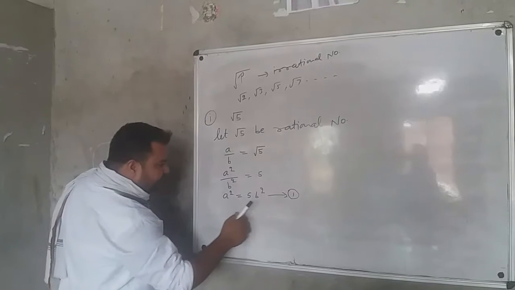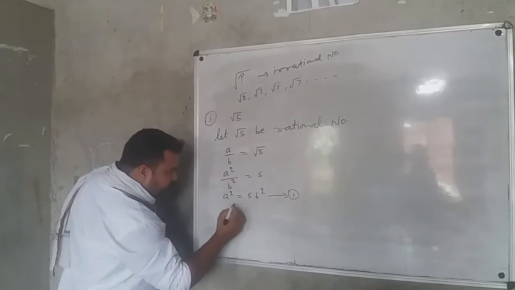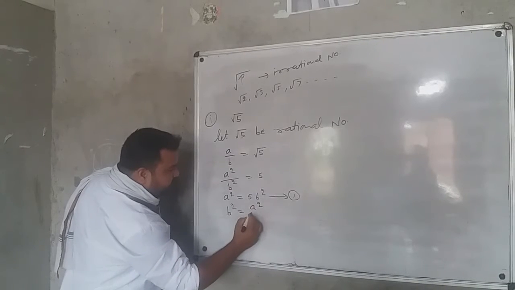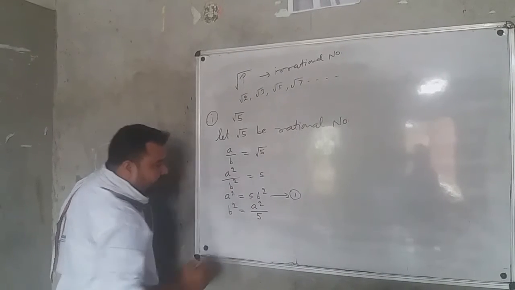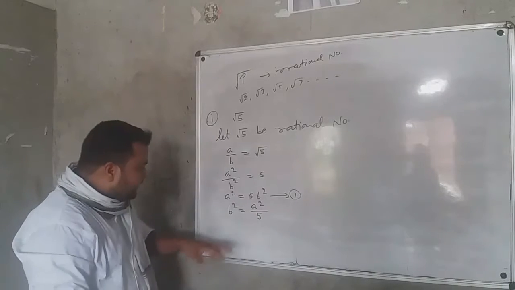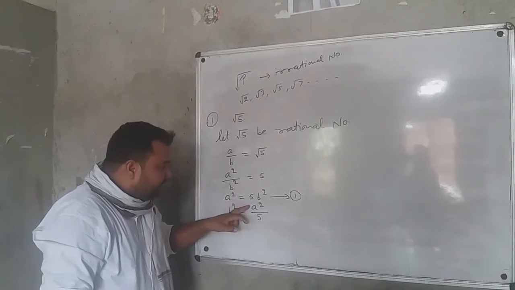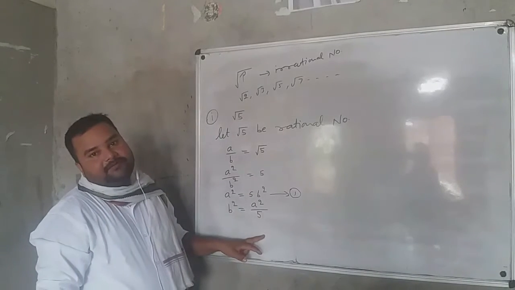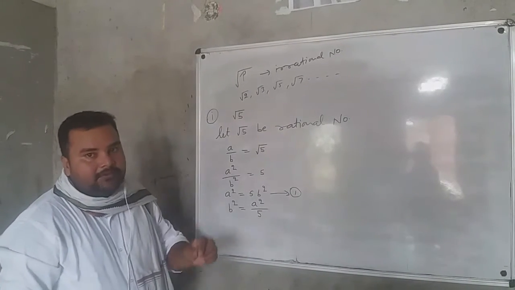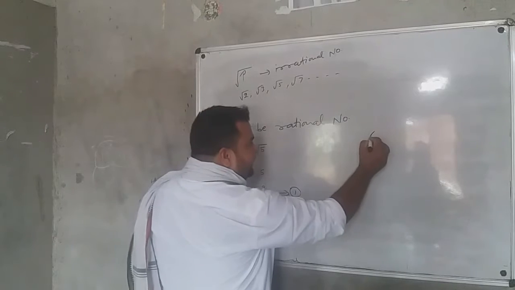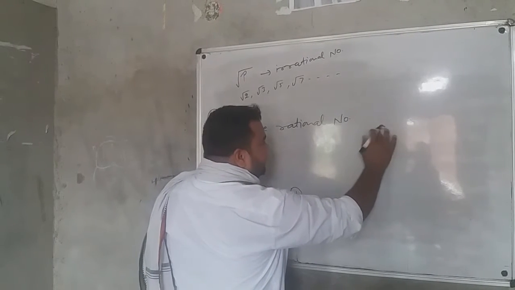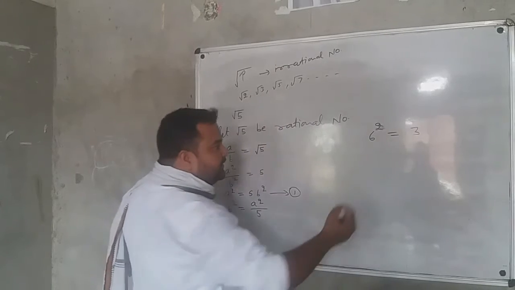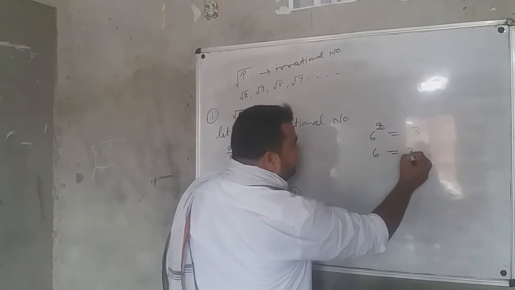If we write b square equal to a square upon 5, now pay attention. This a square is being divided by 5, so a must be divided by 5. Let me give you one example here. If 6 square is divided by 3, then 6 must be divided by 3.